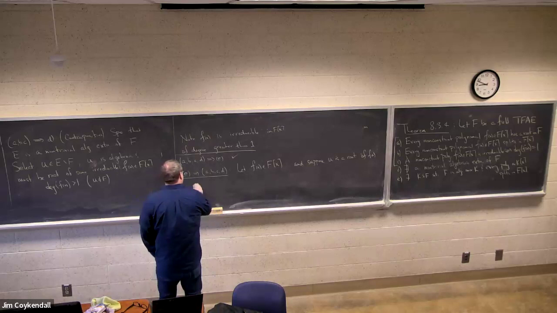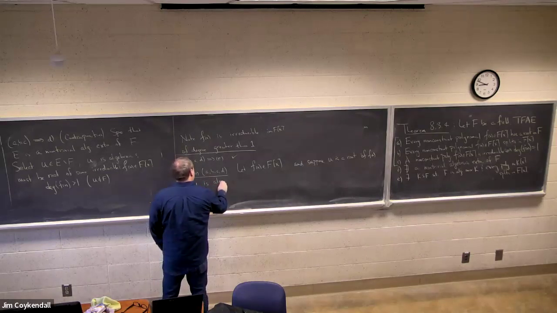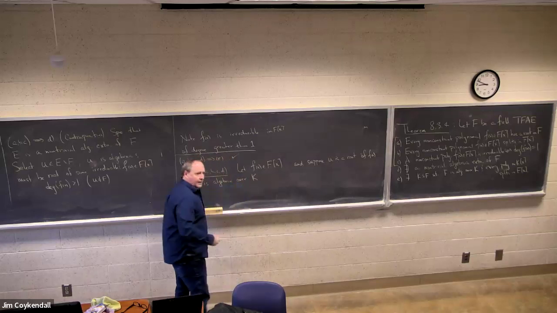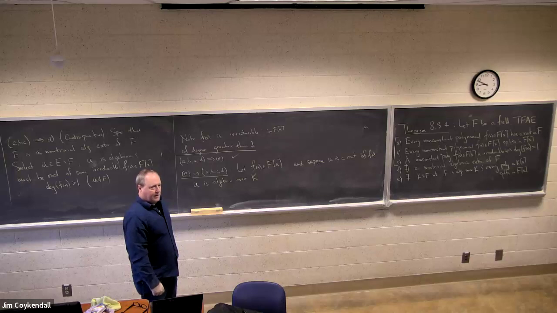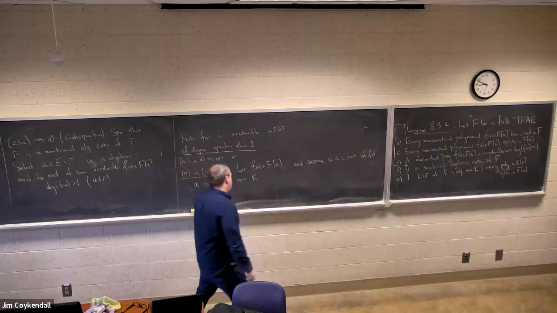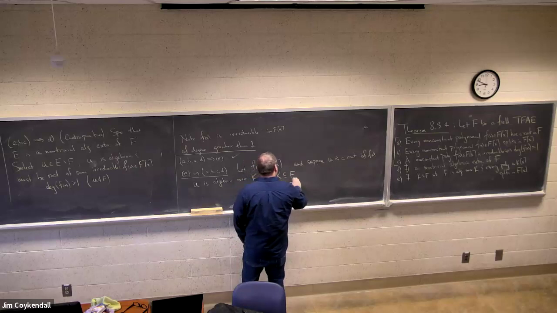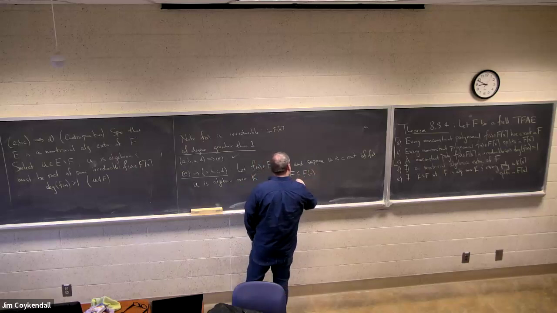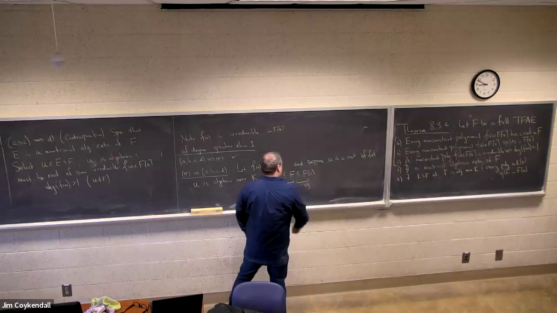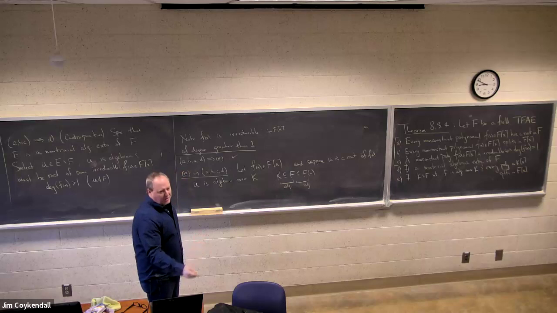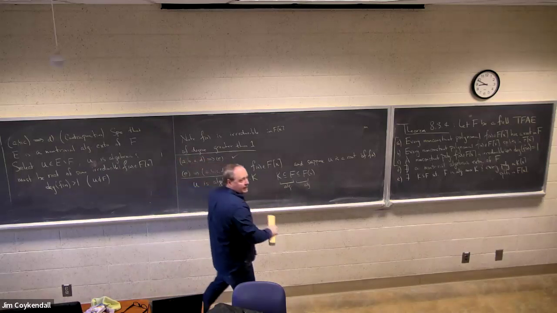Notice that u is algebraic over K. Why is that? Because we know that we have K inside F. This is algebraic. And this is algebraic. So in fact, F(u) is algebraic over K, so in particular, u is algebraic over K.